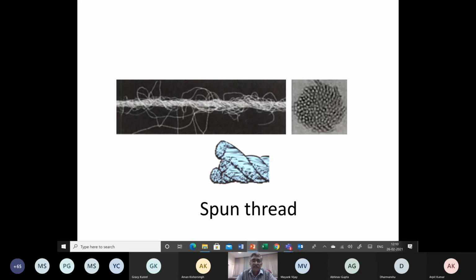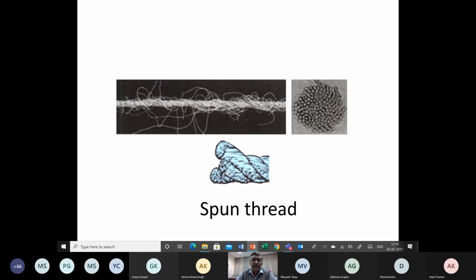So here you can see a single yarn which is plied, and you see the surface is having a very fuzzy appearance. This is the cross section of the thread, and you can see it's a 3-plied yarn. There are 3 single yarns and they are twisted in the opposite direction.